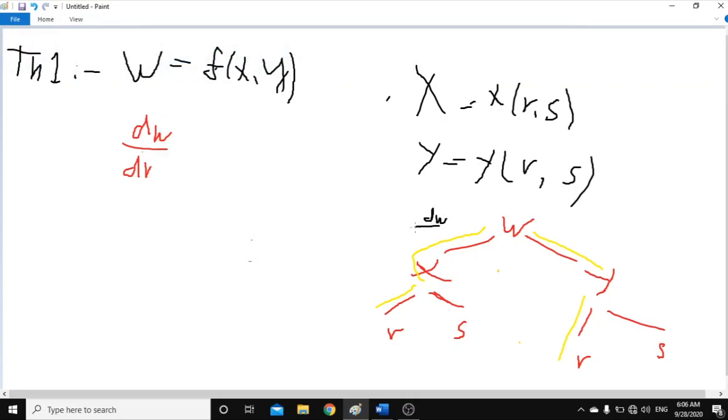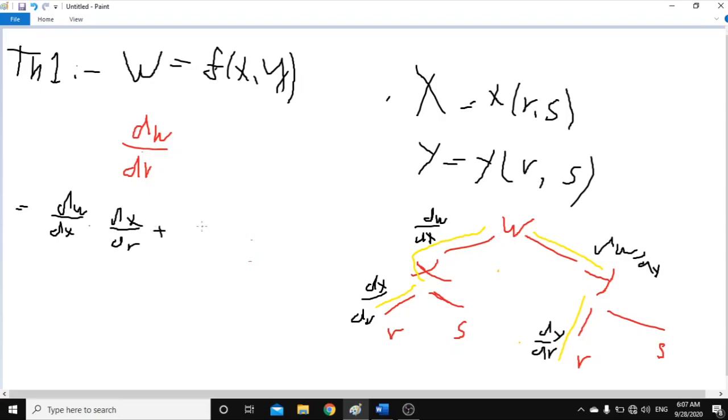We can write dw over dx, and here dx over dr, and here dw over dy, and here dy over dr. From here we can write them. dw over dr is equal to dw over dx times dx over dr plus dw over dy times dy over dr. And this is how you can find the dw with respect to r.